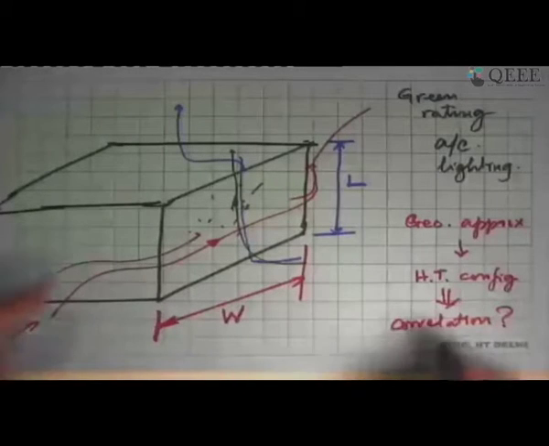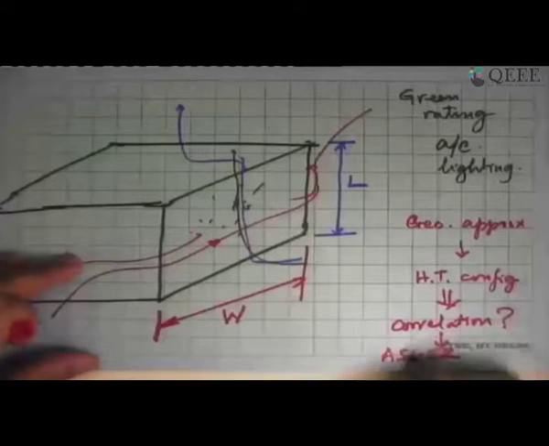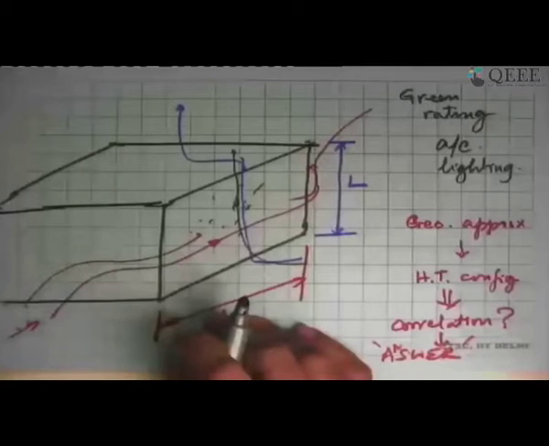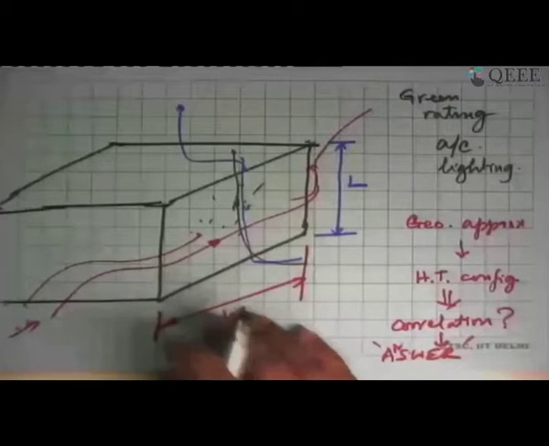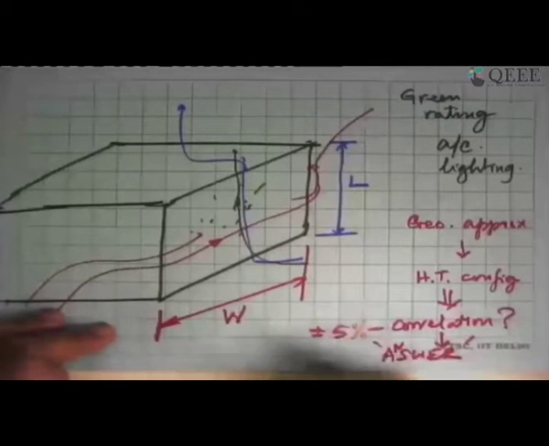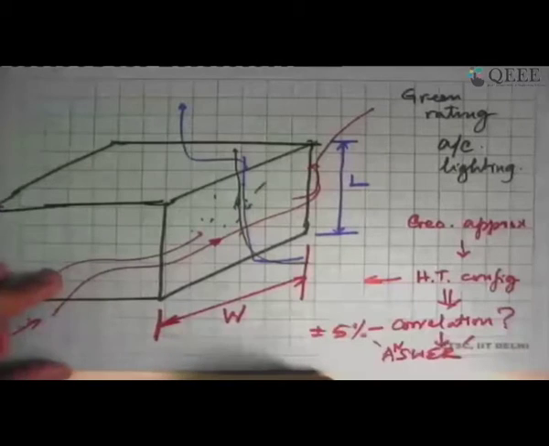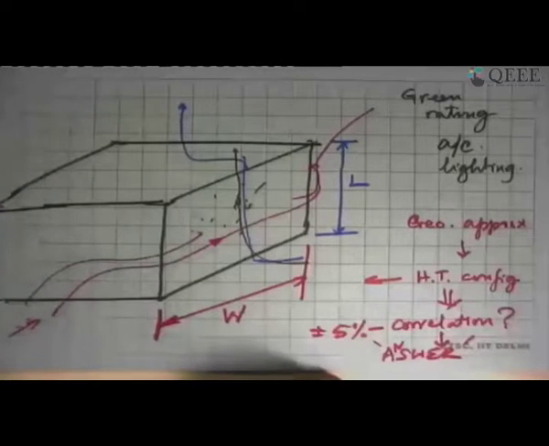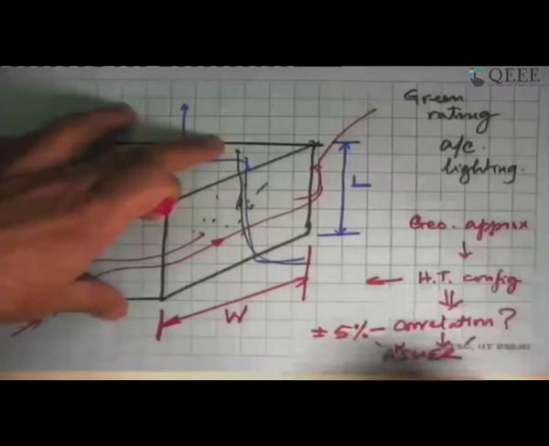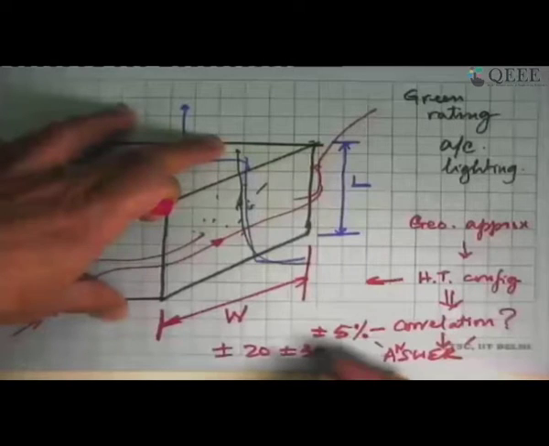And then we must remember that the answer that we get is not something which is accurate within plus minus 1% or plus minus 2%. The correlation itself was accurate to say at least plus minus 5%, if not plus minus 20%. And the geometry modification that we did introduced its own differences. So the final answer compared to what the real thing will do may be off by plus minus 20%, maybe in some cases plus minus 30-40%.